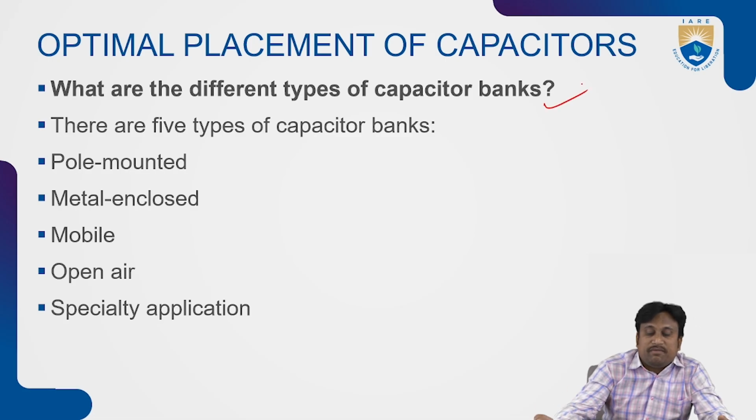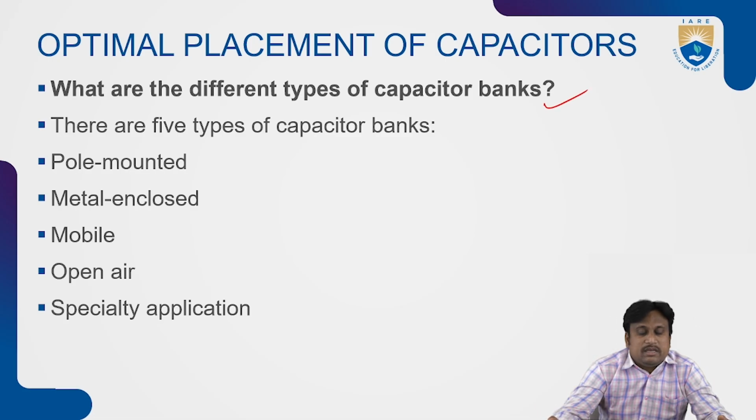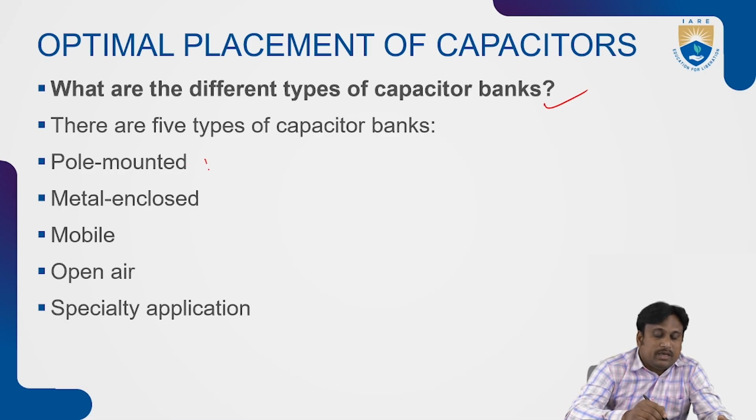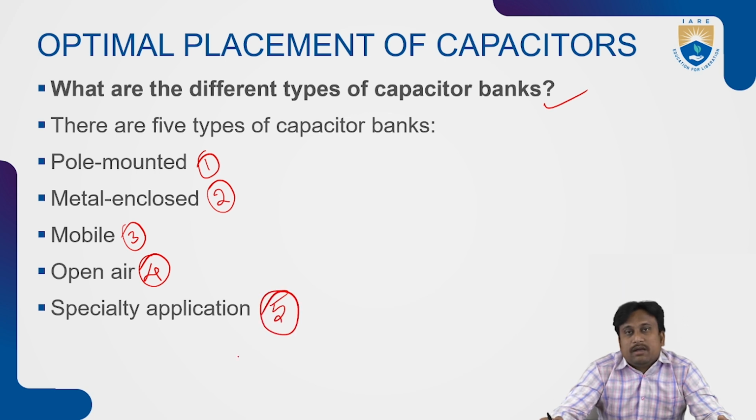What are the different types of capacitor banks we mostly prefer? Basically, there are 5 types of capacitor banks. One is pole mounted. Second is metal enclosed. Third is mobile. Fourth is open air. Fifth is specially designed, application oriented capacitor banks.